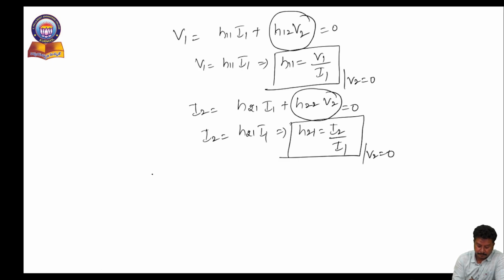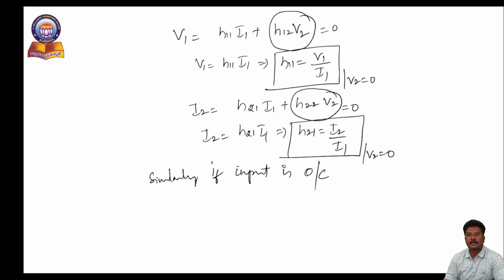Similarly, if input is open circuited, this is a condition we used to apply on the above two equations of the two-port network. Why? Because I am considering the two-port network, and from that only I am framing these two equations, the H parameter equations. Now I am applying the condition, if input is open circuited, that is I1 is equal to 0.